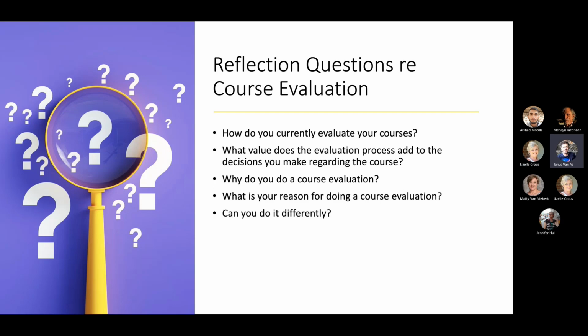So, Lizelle, the one approach that we do is the SWOT focus groups, where we ask students to volunteer to be part of it, and we first of all explain to them that the information will be used for enhancing and improving the course, and then we select based on the cohort.